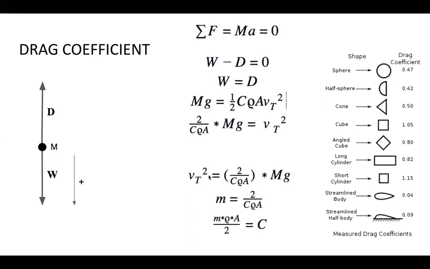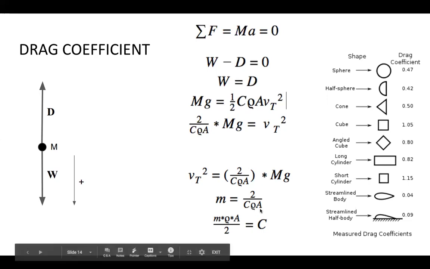Terminal velocity squared is equal to this value times the mass of the coffee filter times gravity, which is the weight. So our little m, our slope of the line of best fit that we decided, is equal to 2 over the drag coefficient times the density of air times the cross-sectional area of the coffee filter.